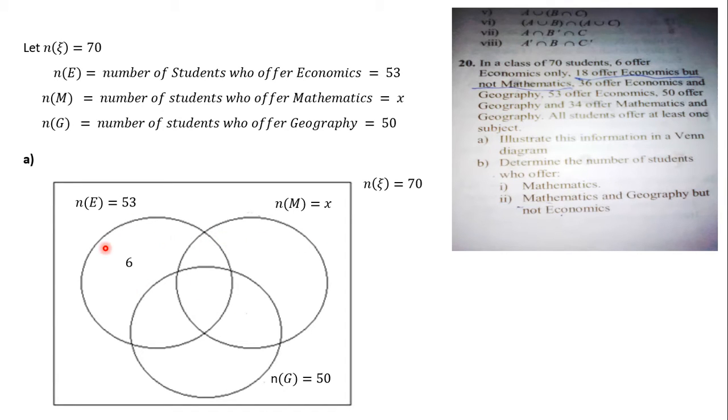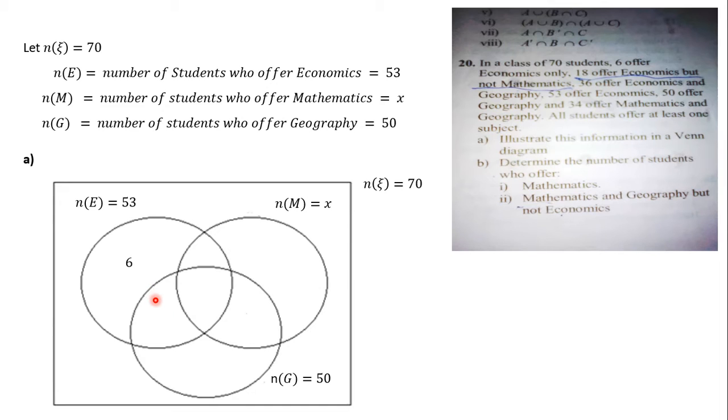It's like saying economics minus mathematics. Yes, we have this part and this part. And what number is the question saying represents those who offer economics but not mathematics? 18. This part and this part represent the 18. So if here is 6, then what will be this part?